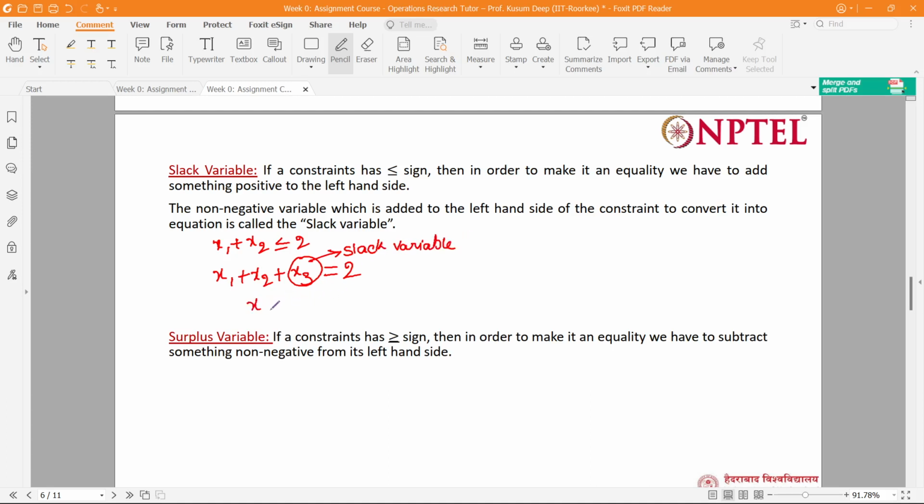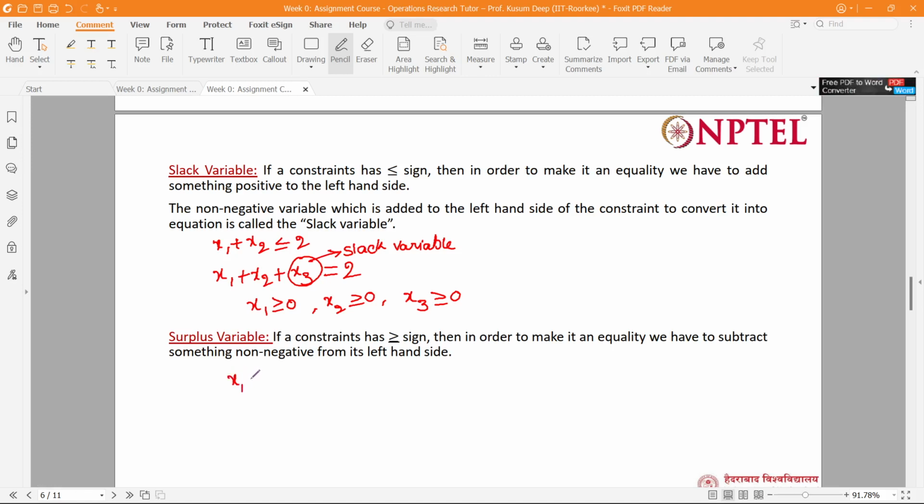And of course there is a non-negative restriction, that is x1 greater than or equal to 0, and also the slack variable must be non-negative. In the same way, if the constraint has a greater than or equal to sign, then in order to make it an equation, we have to subtract something from the left hand side.